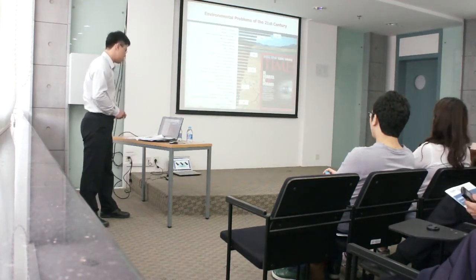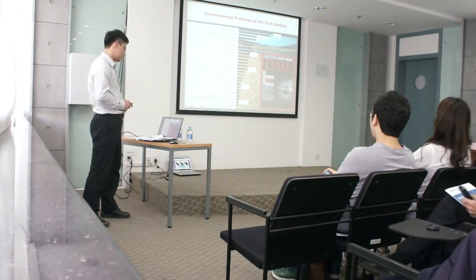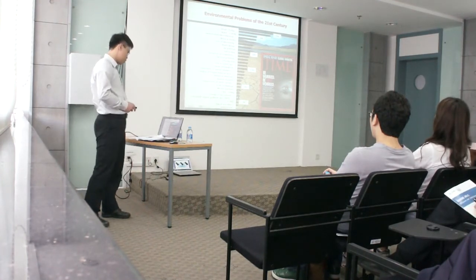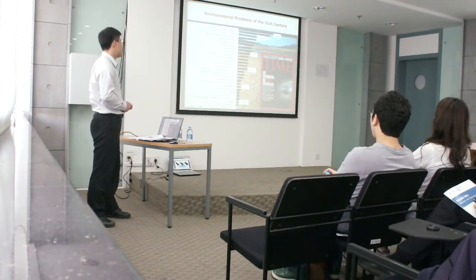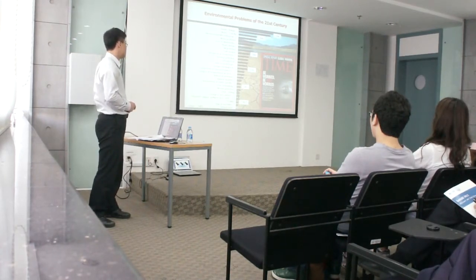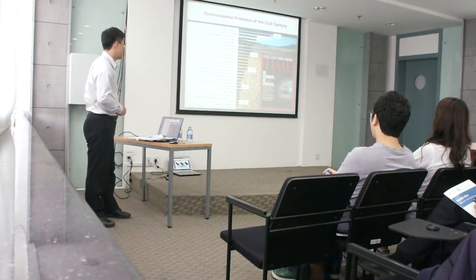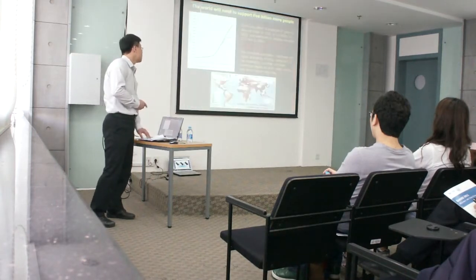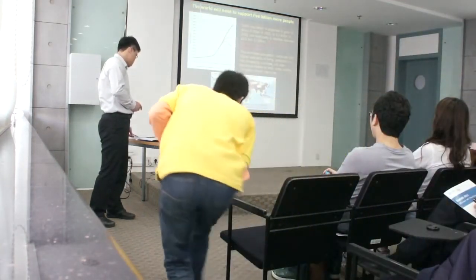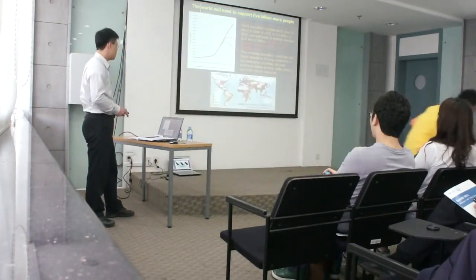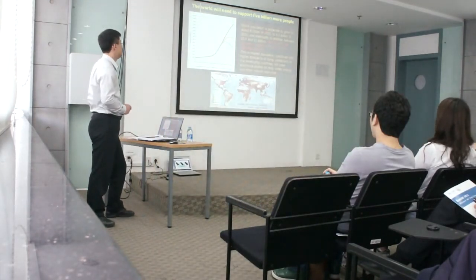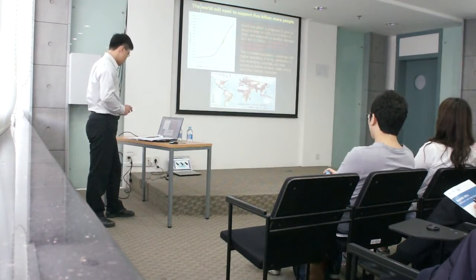Okay. First, according to the statistics from the United Nations, we are facing a lot of environmental problems in the 21st century, like climate change, soil erosion, energy consumption, etc. And besides environmental issues, another problem we are facing now is population growth.